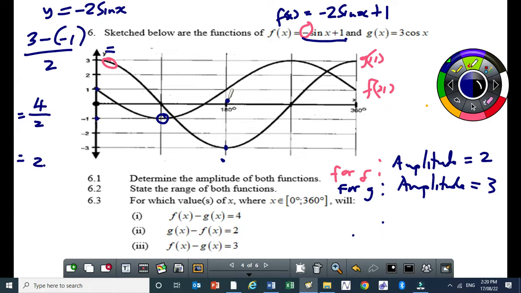So your answer would be x is equal to 180. That's the answer for that one. Is there any other possibility?